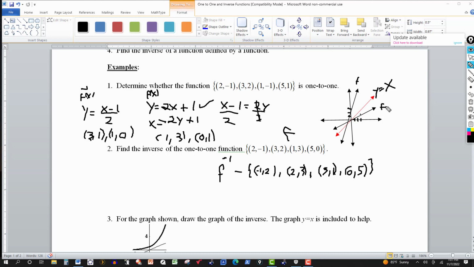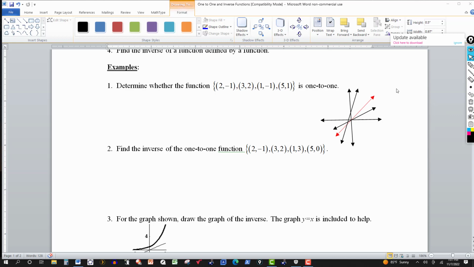They should be symmetrical around that line. My graph's a little bit off though, but that's what you would have. This point should be over here a little bit. But that's the function f and its inverse. They're symmetric about this particular line here.